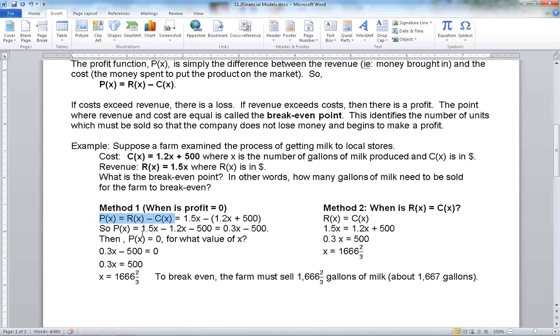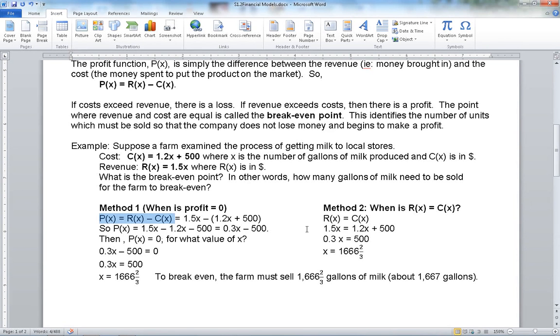So then profit is going to be 1.5x minus 1.2x minus 500, or simplifying, we get 3/10x minus 500. And then we would solve that for P of x equal to 0. So the profit would be 0.